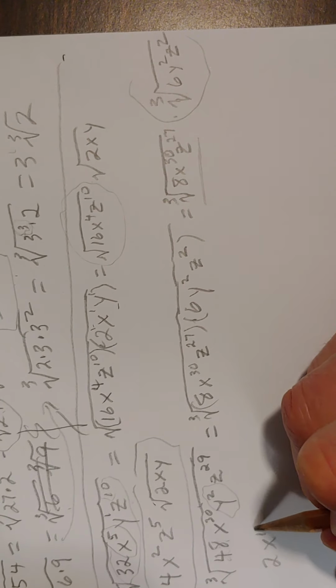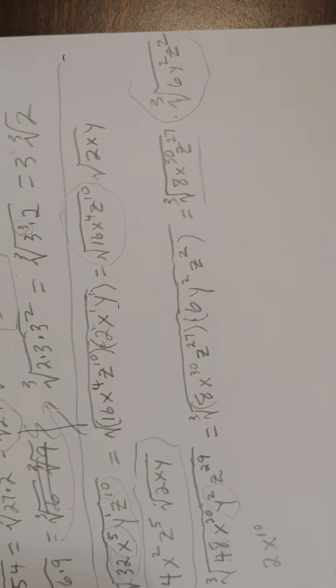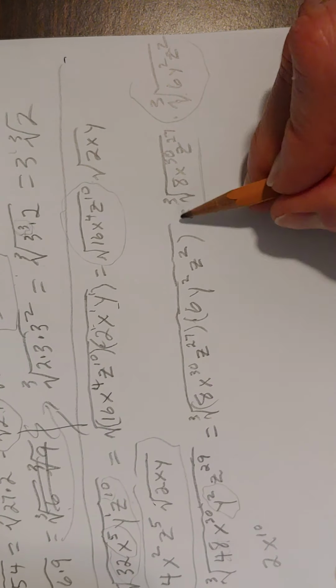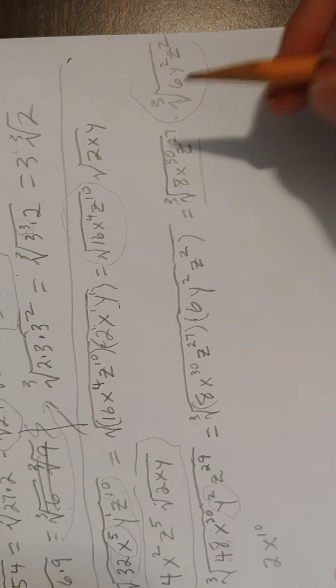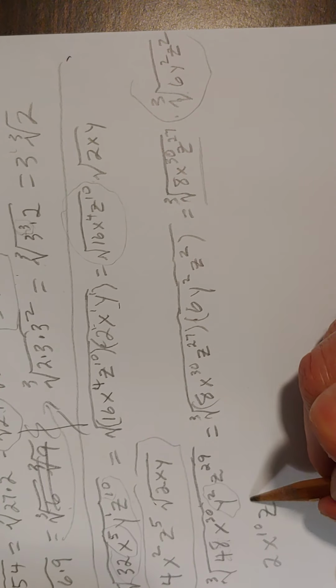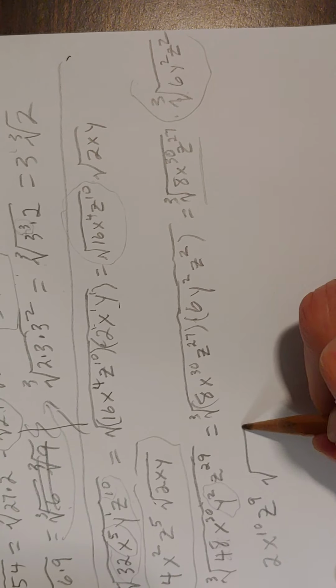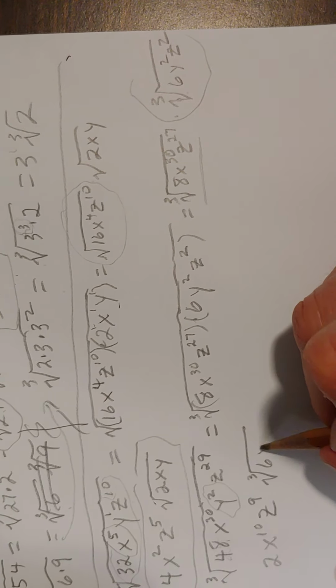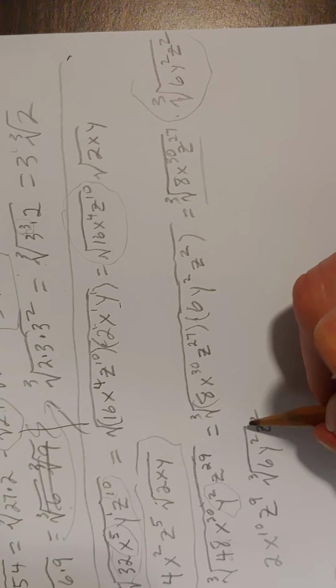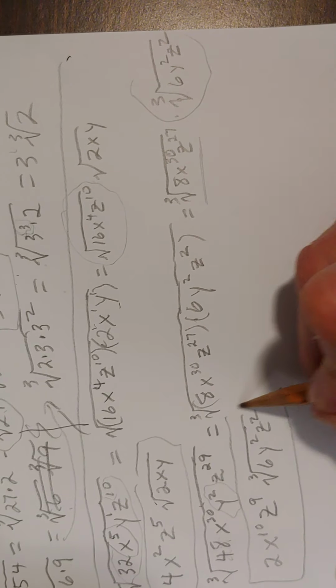So x to the 10th is the cube root of x to the 30th. And in a similar fashion, the cube root of z to the 27th, all I do is divide 3 into 27, really, and that's z to the 9th. That's my exponent 9. Times, don't forget to write the little index here, the cube root of 6y squared z squared, and I'm done.